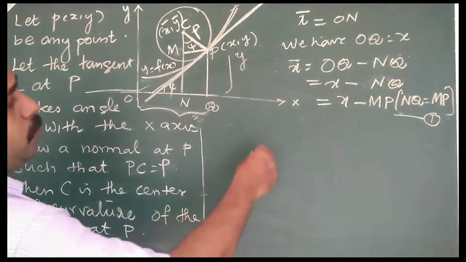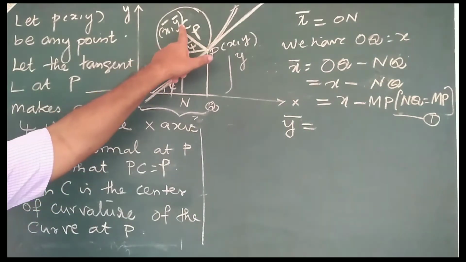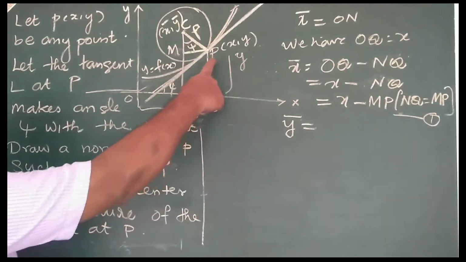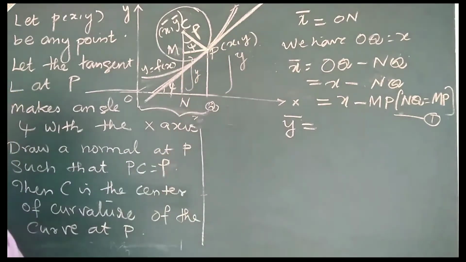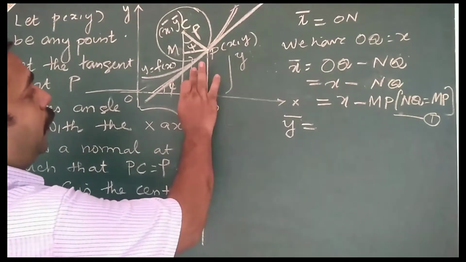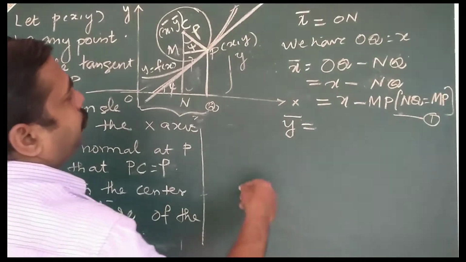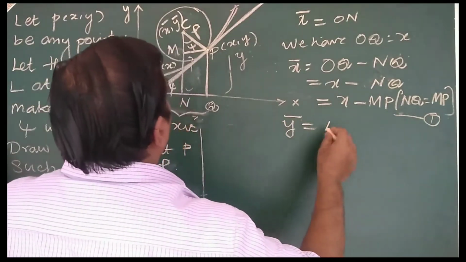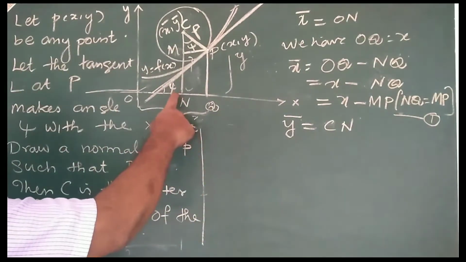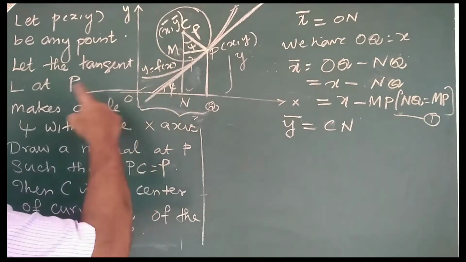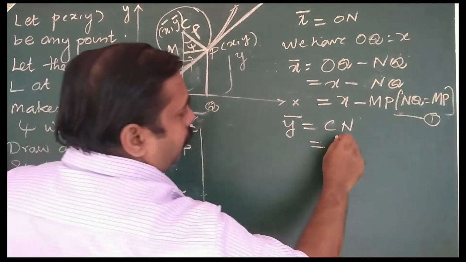Now Y bar. What is Y bar? Y bar is equal to this full length. But this point is equal to x comma y. Therefore this length is equal to y. Y bar is equal to CN, that is equal to NM plus MC.